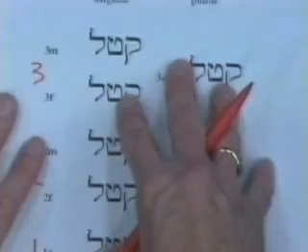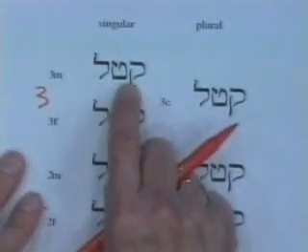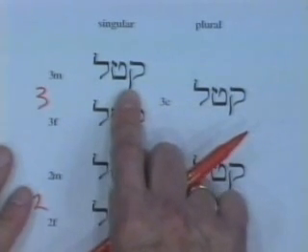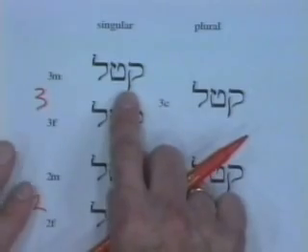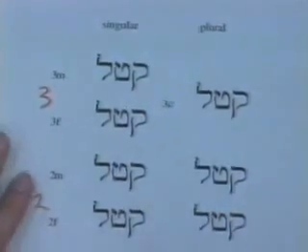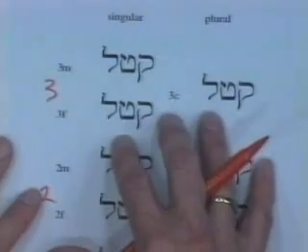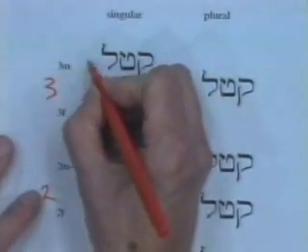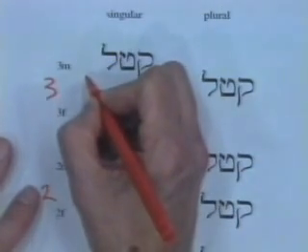The first part of every verb form, in a sense, is the root itself. And we're simply using the arbitrary choice of katal because it's a regular paradigmatic root. The second thing we're looking at are the endings. And we noted that in the third singular masculine there is no ending.